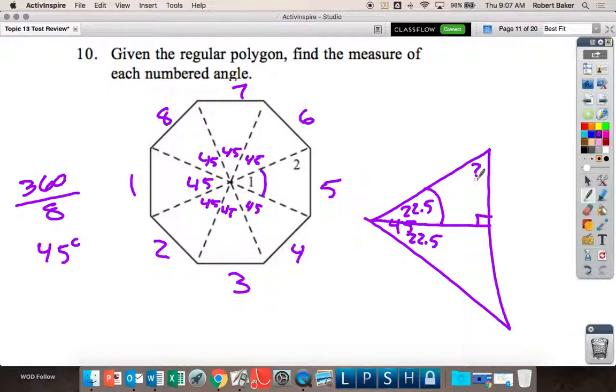If you add 90 and 22.5 and subtract that from 180, this angle has to be 67.5 for there to be 180 degrees inside that triangle. That's where you stop for that problem, just solving for those 2 angle measures. Really it's just 1 angle measure on your test. So nothing super crazy there.